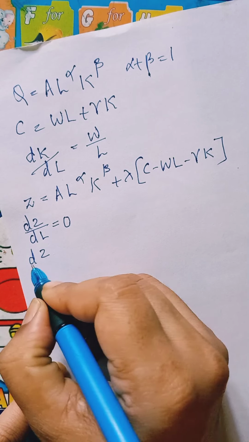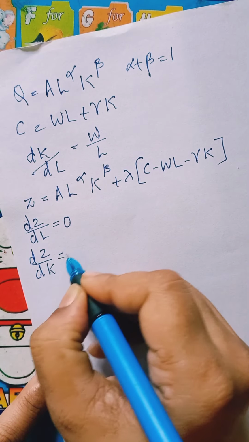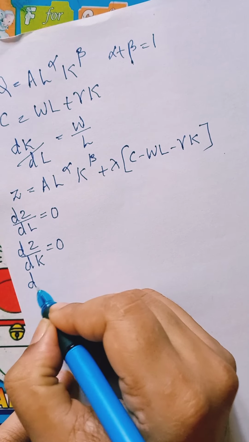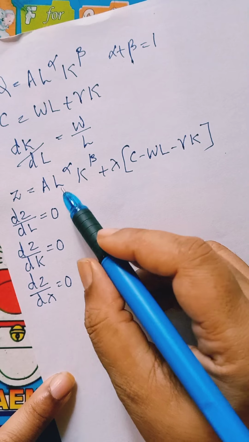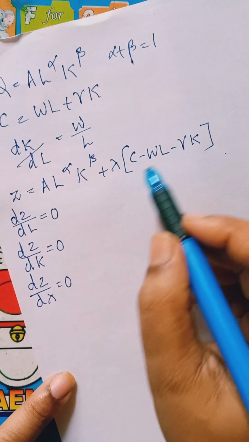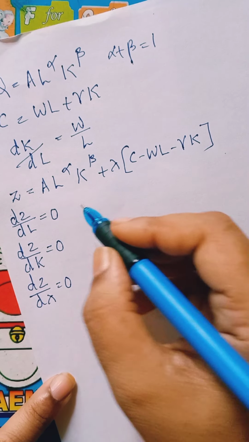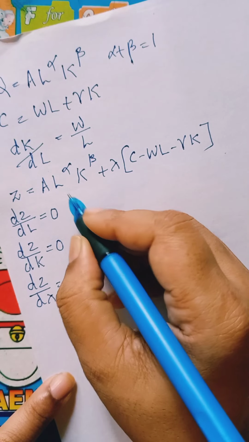Similarly, we will find dZ by dK equal to 0 and dZ by d lambda equal to 0. Here we differentiate the entire function with respect to labor. Therefore, we are following the differentiation.